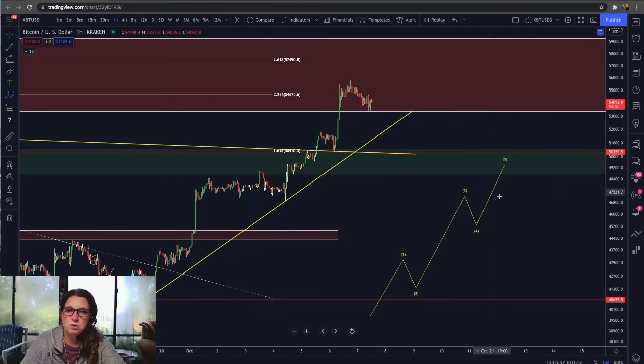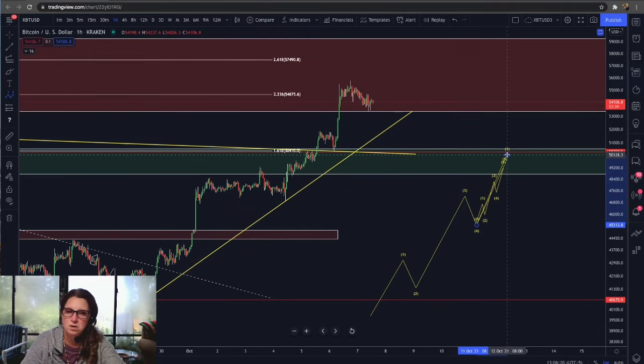Well, when you get to your fifth wave and you're making your internal 5 waves, you assume that your fifth wave is done. But what actually happens here is those 5 waves are actually the wave 1 of your fifth.